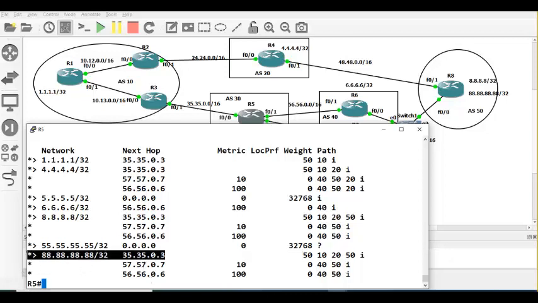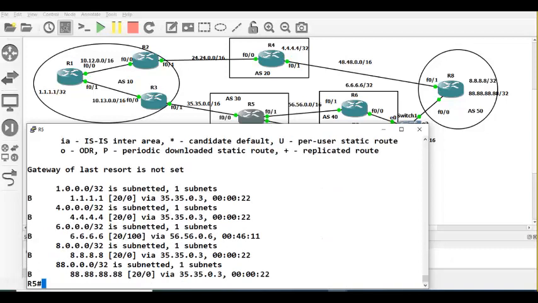As I said earlier, except 6.6.6.6, all other networks will be via router 3. Look at this, except 6.6.6.6, all others are via router 3, because we changed the weightage higher.